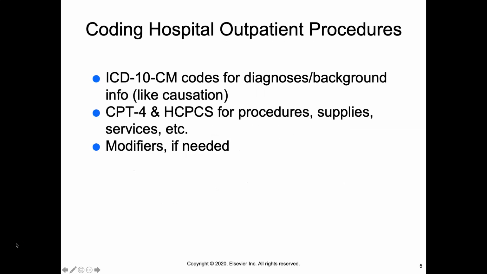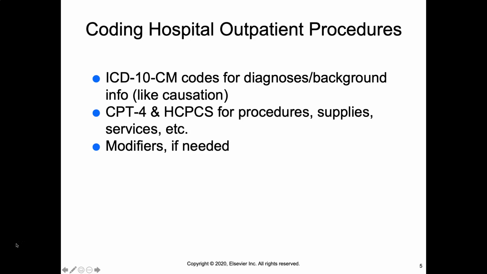So again, we're in the hospital outpatient setting, and hospital outpatient is not just outpatient surgery, but it can be physician practices, it can be clinics, it can be all different types of things like that. But when you're coding in a hospital outpatient setting, you will continue to use ICD-10-CM codes for diagnoses and background information like causation.